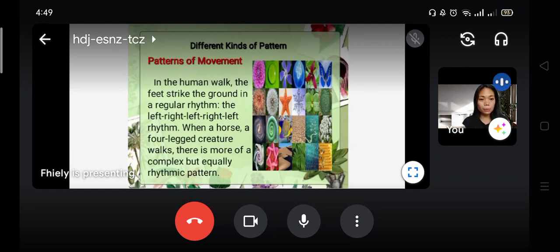So we have here the third kind of pattern, the pattern of movement. In the human walk, the feet strike the ground in a regular rhythm. When we walk, it is left, right, left, right, a rhythm.